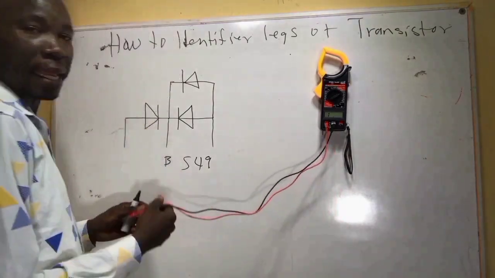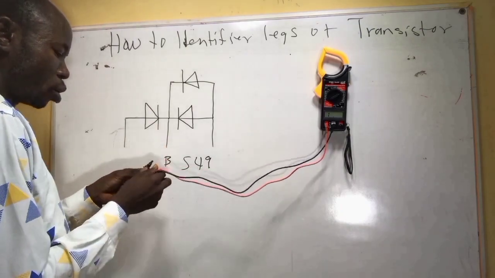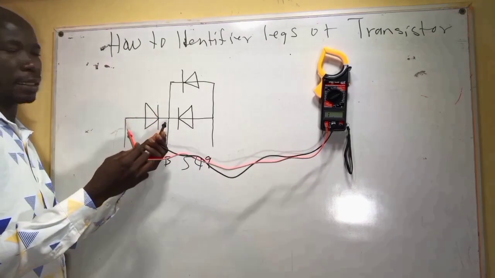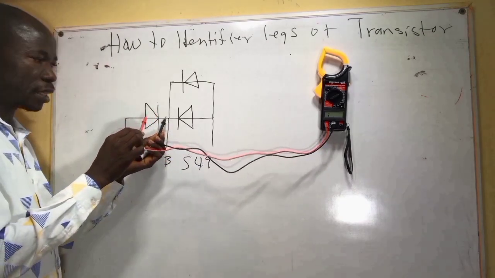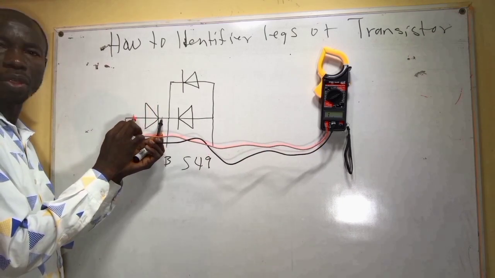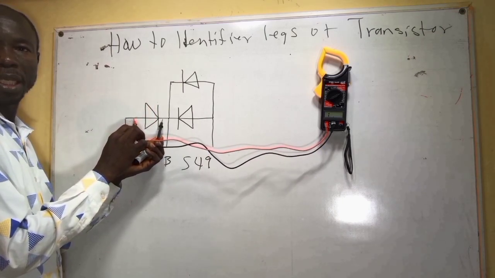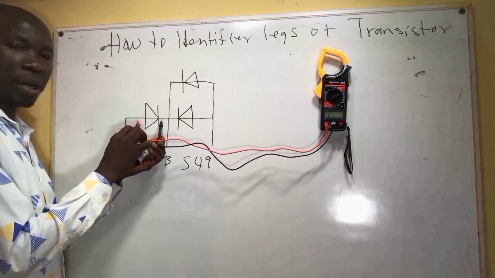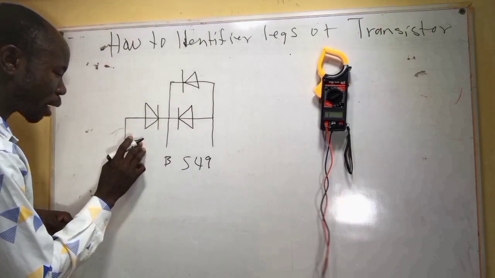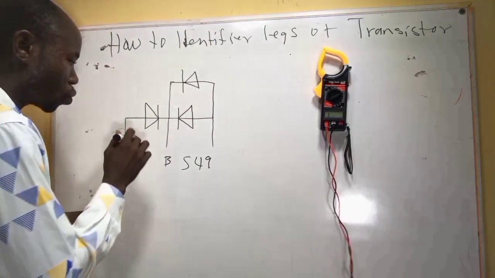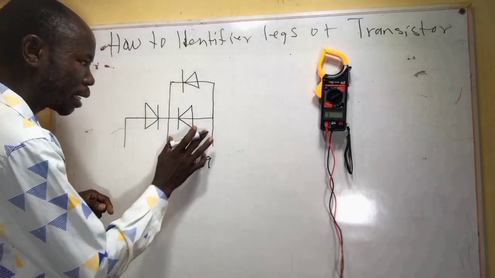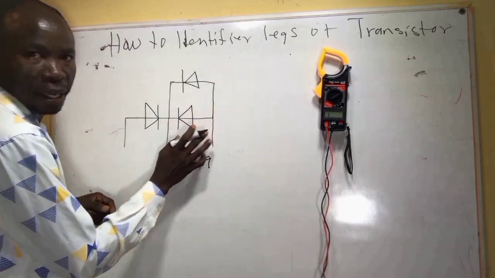Then again, you use the meter, you place the negative to the cathode here, then the positive to the anode. It will read. When it reads, you see this one, the resistance will be higher than the two parallel diodes here.